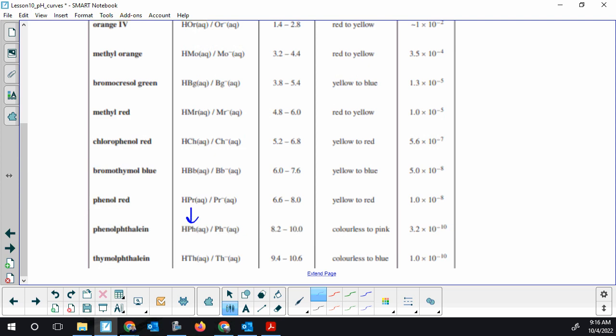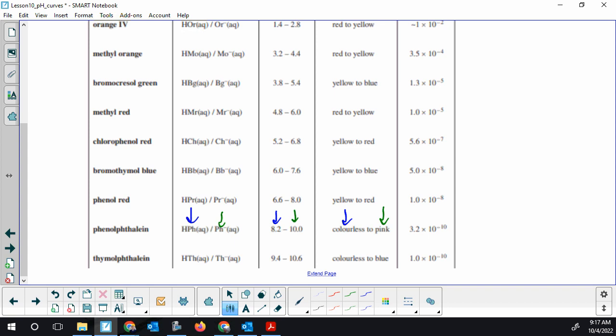So HPh, with the H, that's the acidic piece, goes with pHs below the first number and goes with the first color. When the H is removed, that happens above the second number and is connected to the second color.